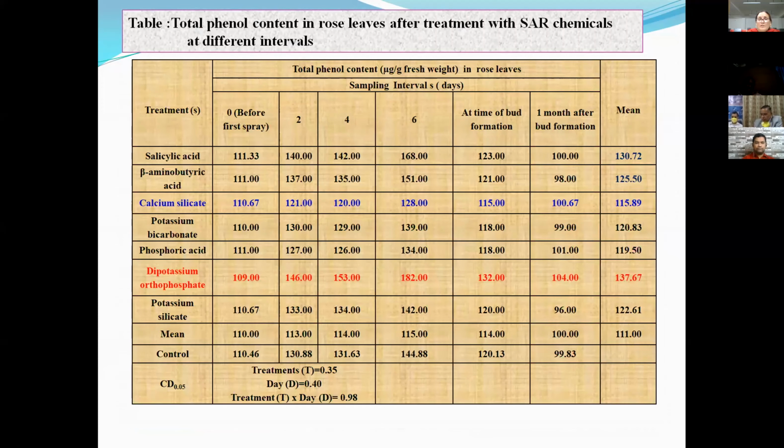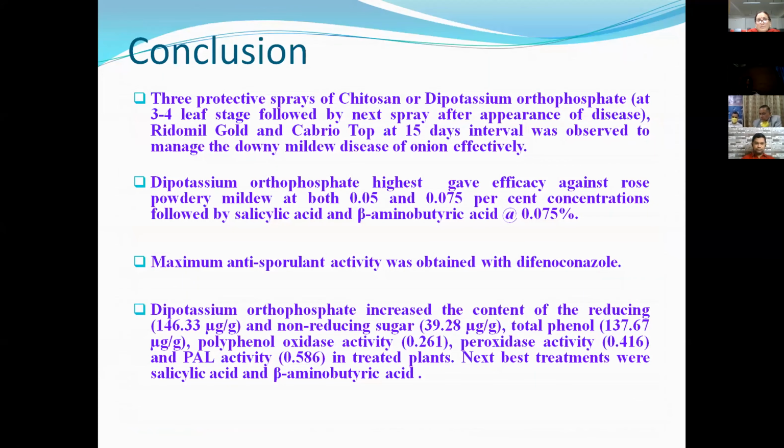Total phenol content, which is a good parameter of resistance in the plants, also increased in all these treatments. So in a nutshell, and my conclusion, we have seen that 3 protective sprays of chitosan or dipotassium orthophosphate at the 3 to 4 stage of the plant, if we spray them, then challenge with these SAR chemicals, and thereafter when there is disease appearance at a 15 days interval, we can stop the infection.